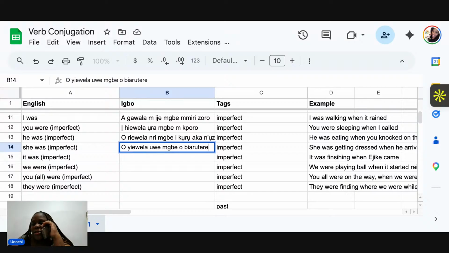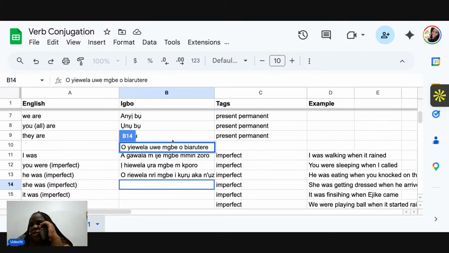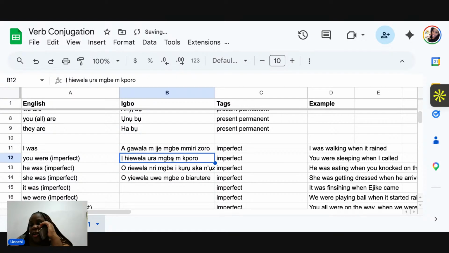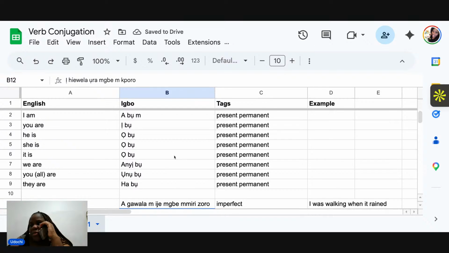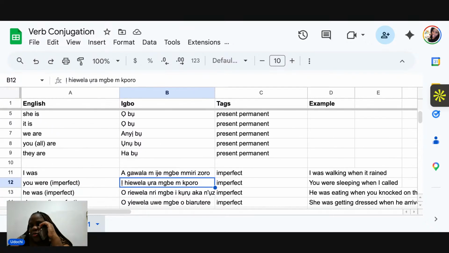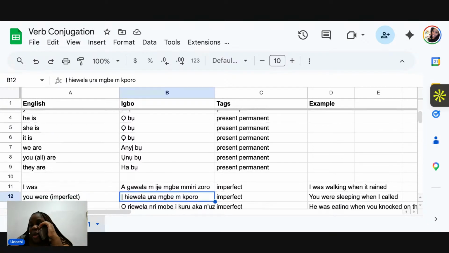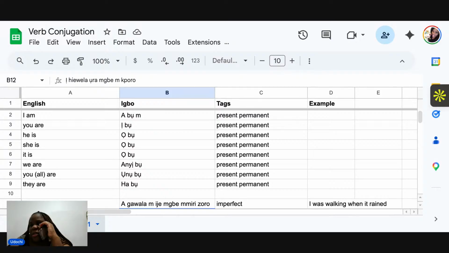Yeah. So what I'm doing is writing a spreadsheet. It's just a practice, an exercise I'm doing, and I'm trying to identify the pattern in the conjugation of verbs.